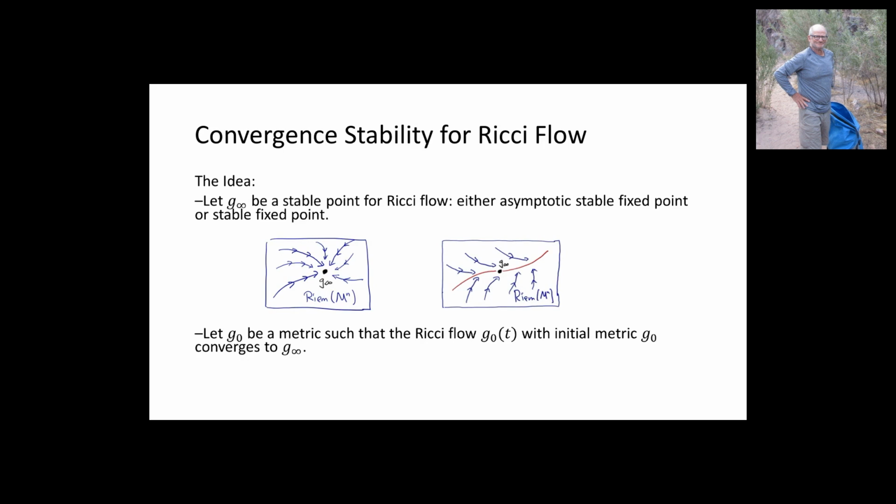And the one on the right is just a stable point where the convergence is not necessarily to infinity, but to some kind of central manifold. So if we have such stable points and we let g naught be a metric such that the Ricci flow with the initial metric g naught converges to g infinity.